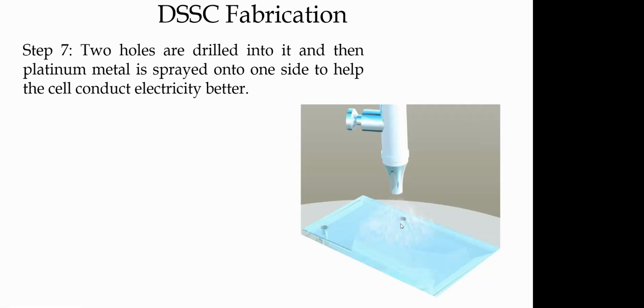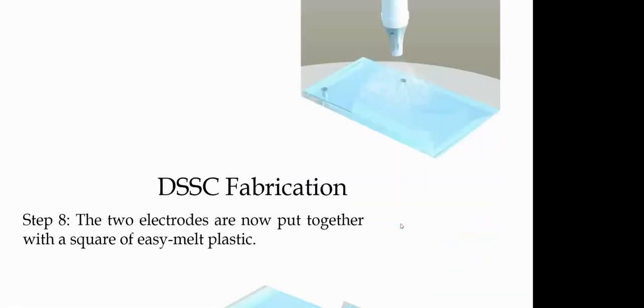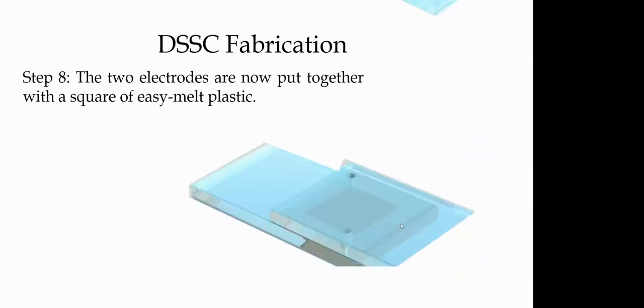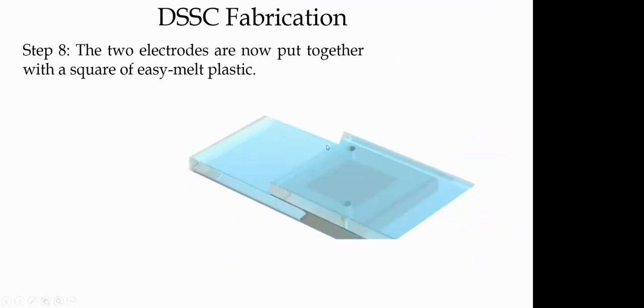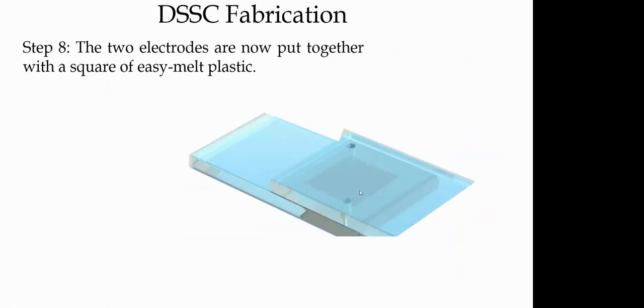We put this on top, joining them together with a plastic tape, which we can heat to melt and seal the device. And these two holes are available so that you can pour the electrolyte that is still missing.